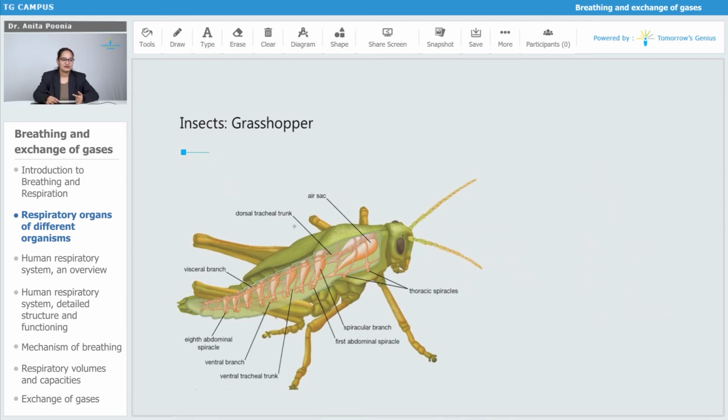And this is a grasshopper, and let's study its structure and try to find the spiracular branches. You could see the first abdominal spiracle, the eighth abdominal spiracle, the ventral branch, the ventral tracheal trunk. So you can see the different spiracles present in the grasshopper, which aid in respiration, the respiratory organs for this organism.